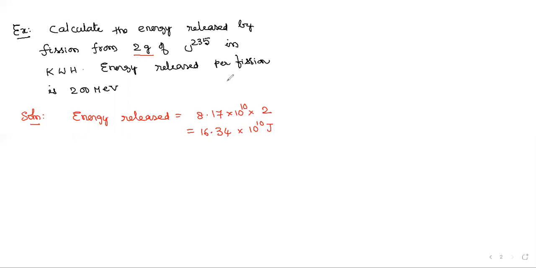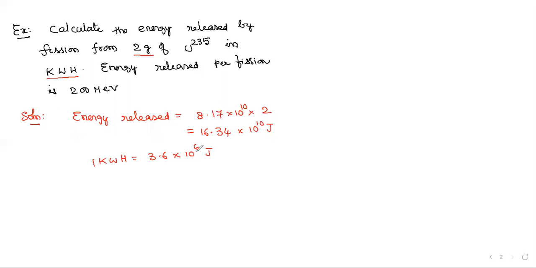My answer is over. But actually he is asking for the final answer in kilowatt hours, so we have to take one more step. 1 kilowatt hour is equal to 3.6 into 10 to the power of 6 joules.